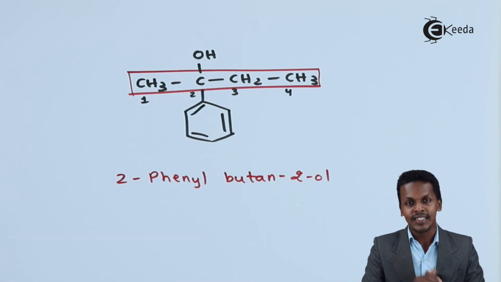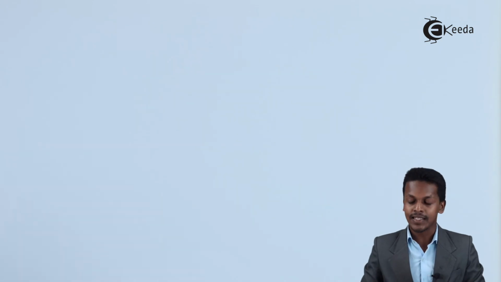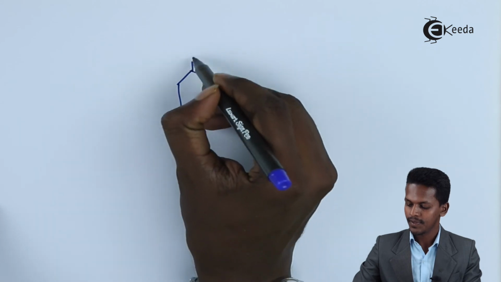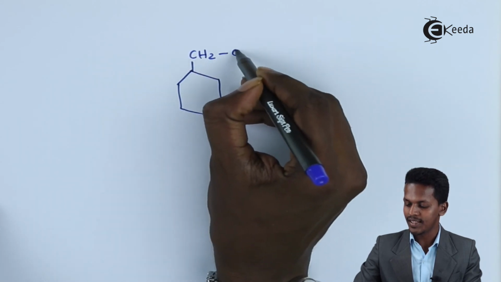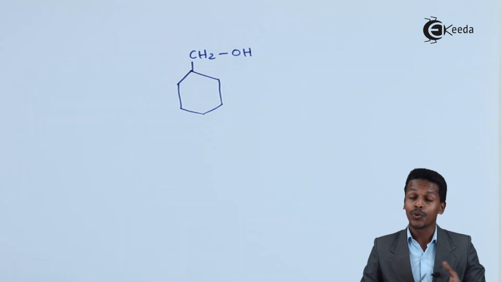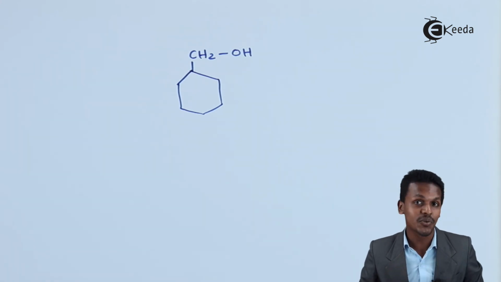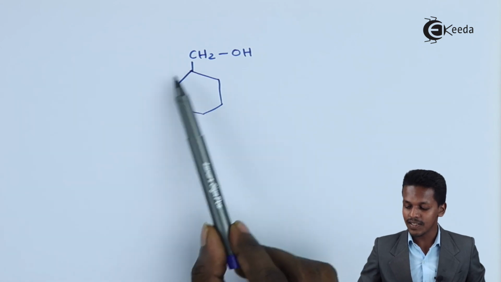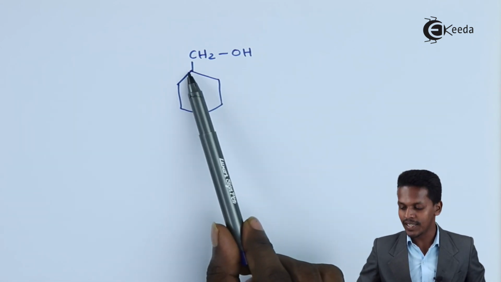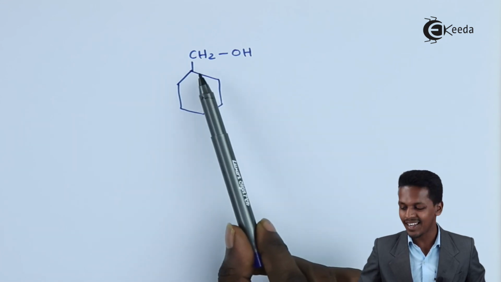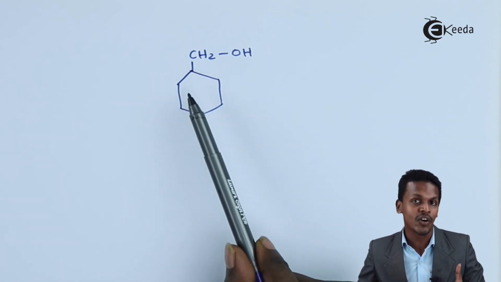So talking about another example, suppose we have this example where this is CH2 and this is OH. According to the first rule, we have to select the longest chain of carbon atoms containing the functional group. If we consider the cyclic one, there is carbon number 1, 2, 3, 4, 5, 6, because it is a 6-membered ring, and here there is no attachment of the functional group.